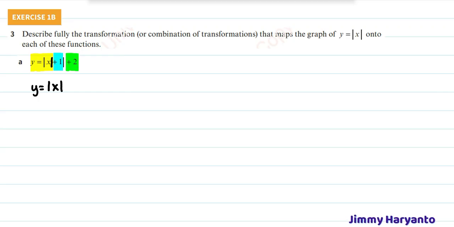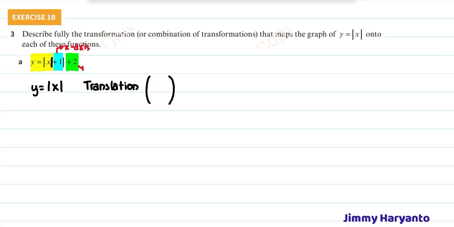Yeah, please memorize all of the transformations that I already gave you in the notes before. So this one is the translation by, okay, this one is for the x-axis, and the one outside the modulus is for the y-axis.